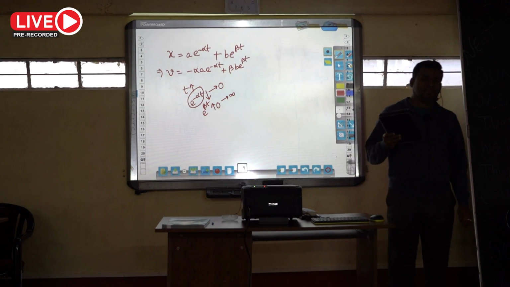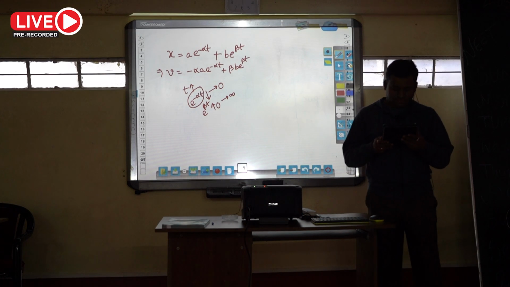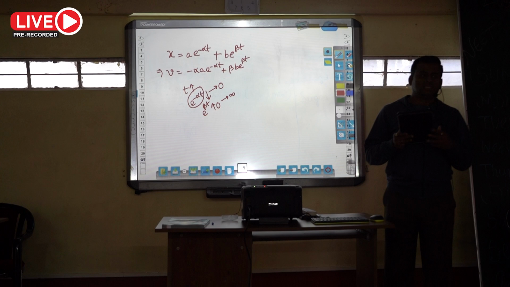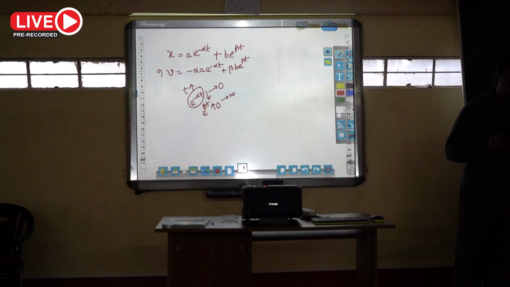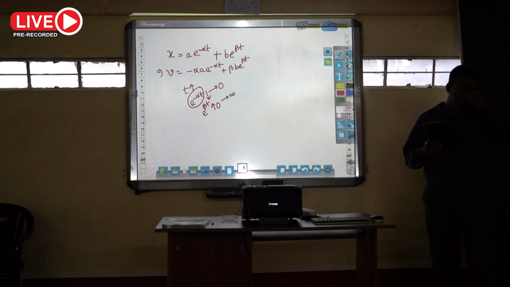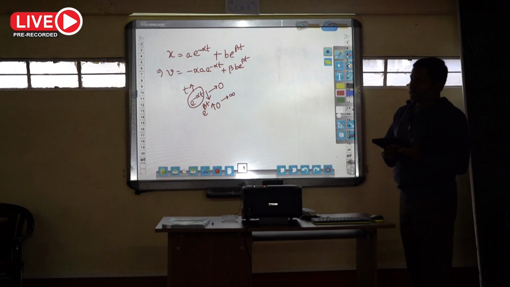Question number 8. The instantaneous velocity v of a particle moving along x-axis varies with position x as shown in the figure.